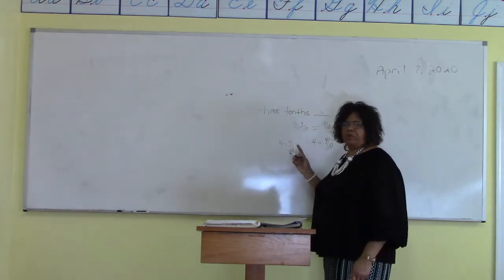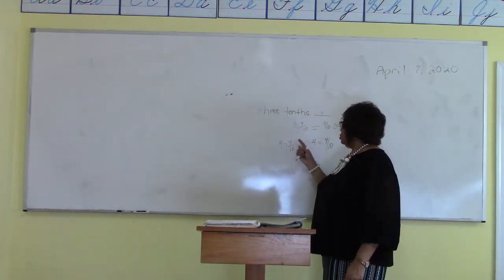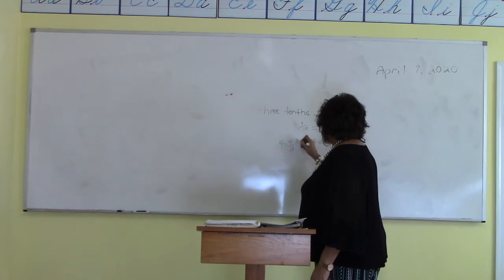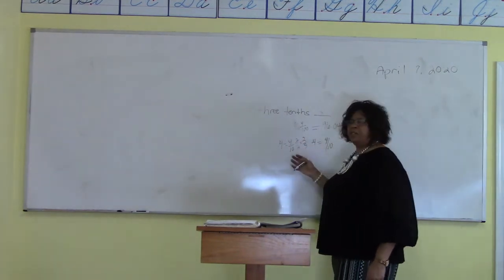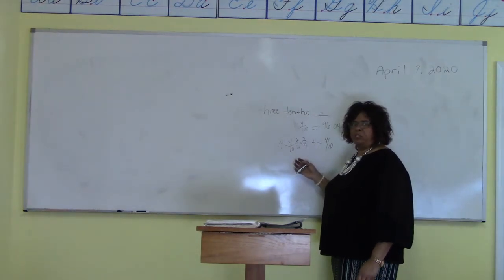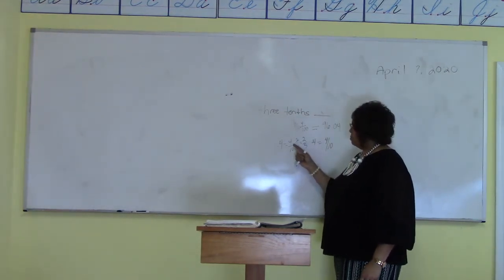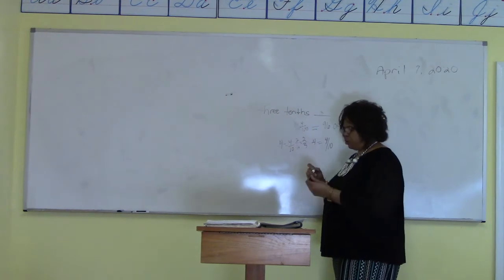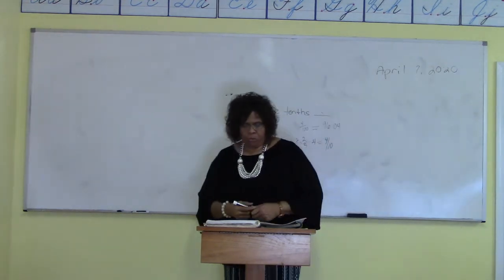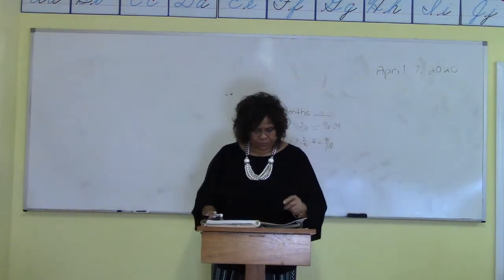Now we know 4/10 can be reduced by dividing by 2/2, which will equal 2/5, but we are not reducing. You do not reduce decimals that have been turned into fractions. Always remember that.